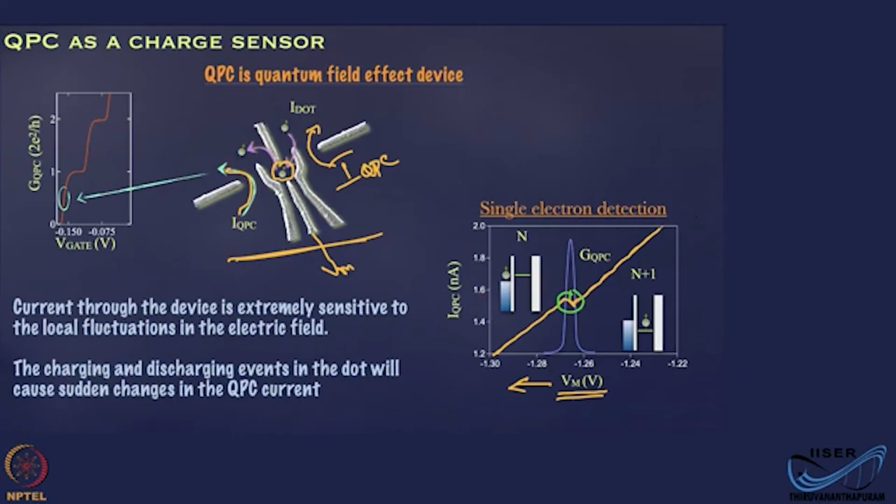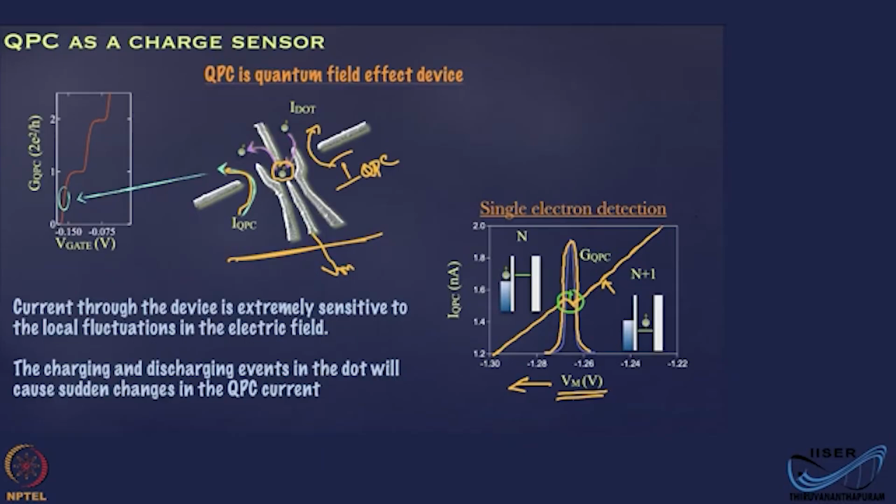And this trace here is a conductance of the QPC or the derivative of this trace. Okay, so you will see peaks similar to Coulomb blockade peaks, but these are the conductance changes in the QPC, not the Coulomb blockade peaks.